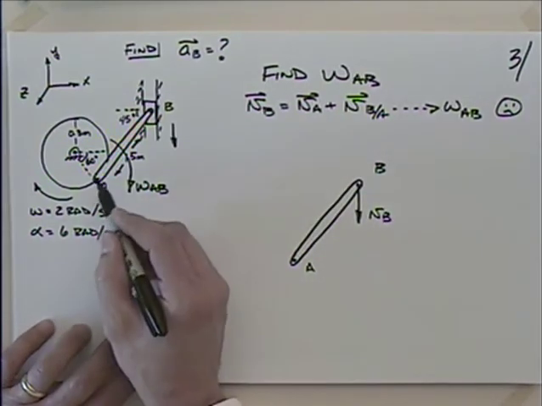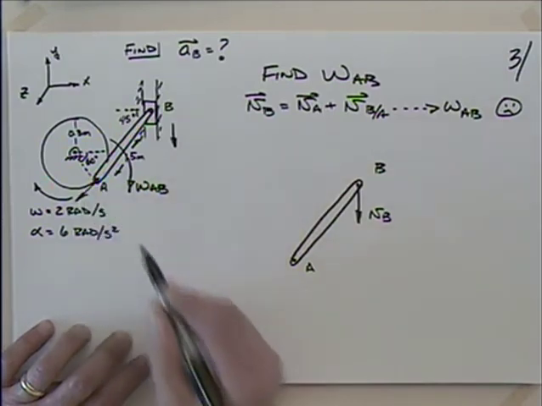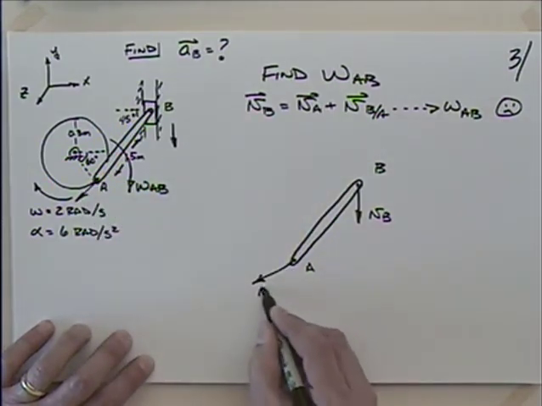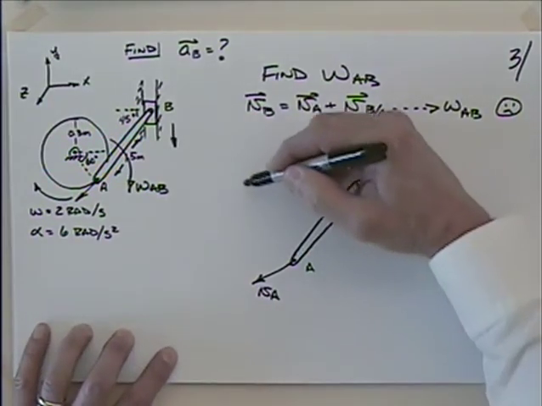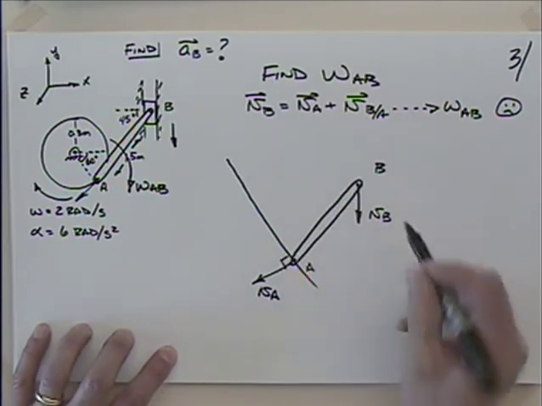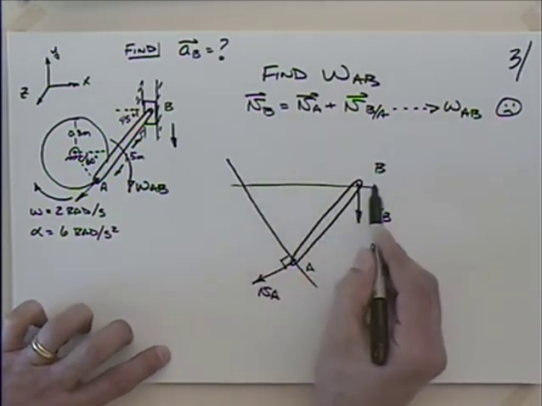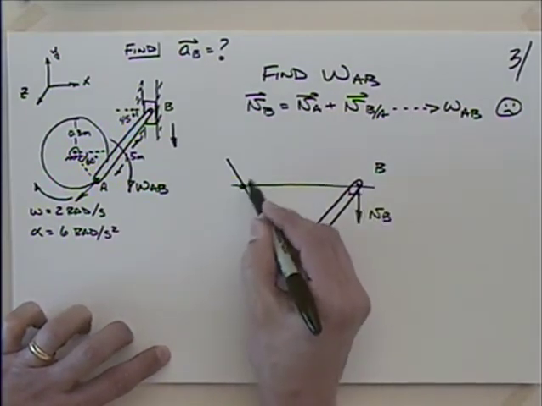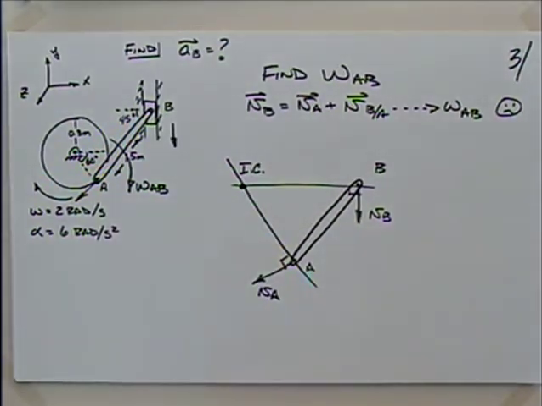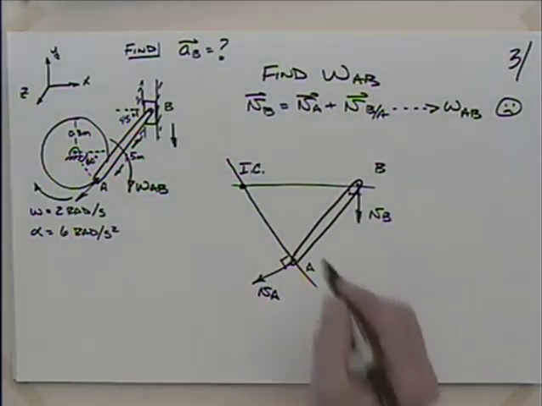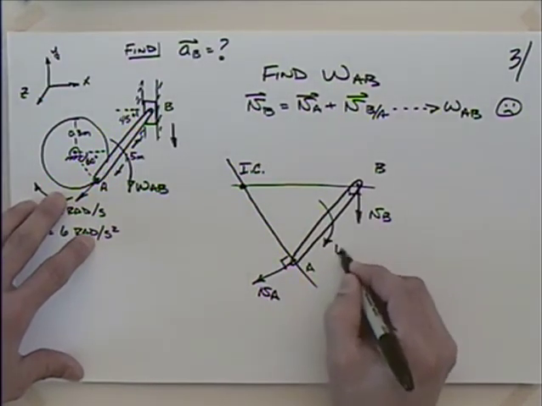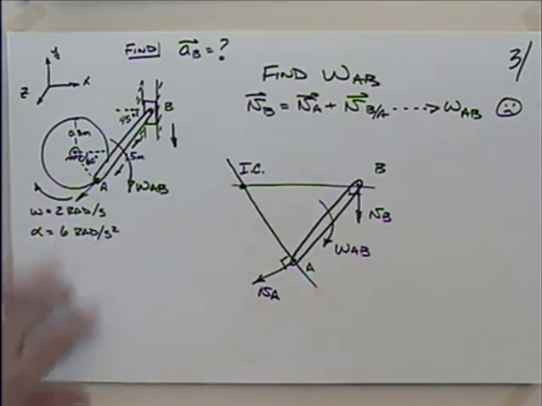And what about A? The velocity of A is going to be in the tangential direction. So we would say that it would look something like that, wouldn't it? So then I put a perpendicular here, and I put a perpendicular here, and I have my instantaneous center of zero velocity, right? And I could say that there is the omega AB.